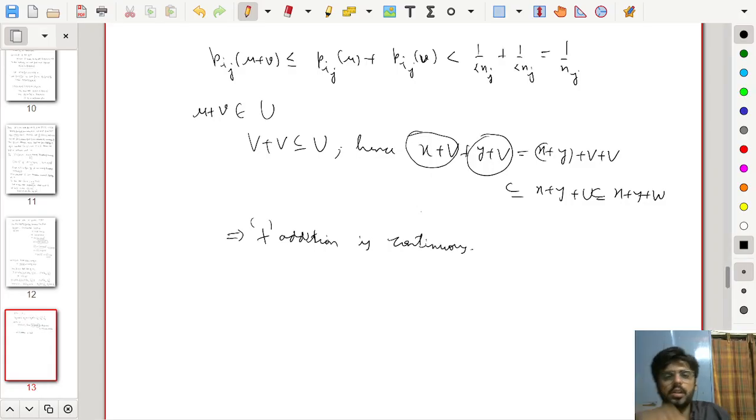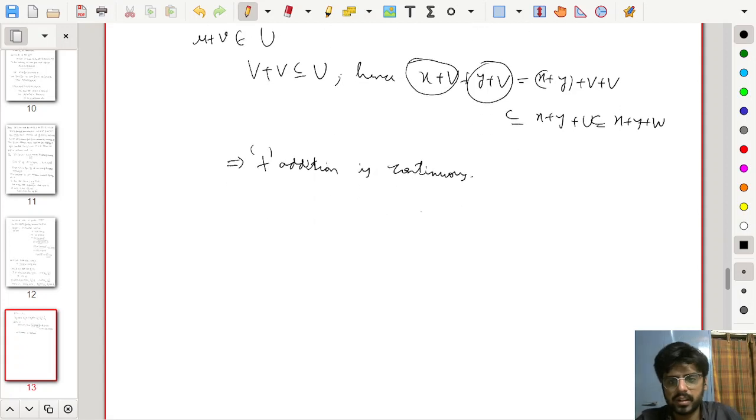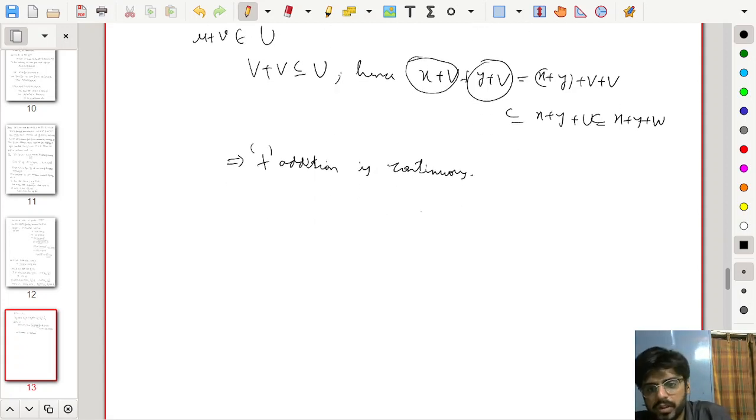Next is the little tricky part, to show scalar multiplication is continuous.